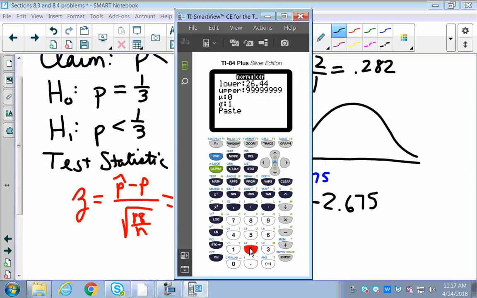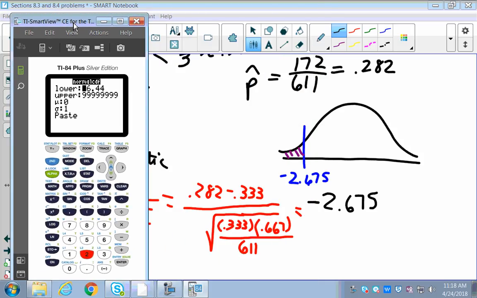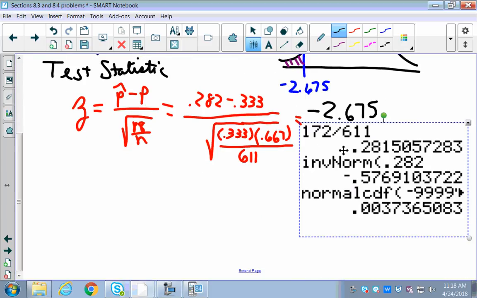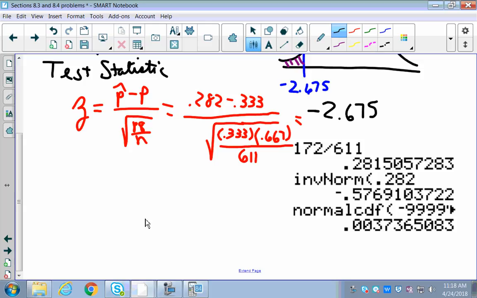I have to put my lower in. What's my lower on this one going to be? Look at the picture. I went from way out here, negative 99999, up to negative 2.675. My upper will be negative 2.675. And this becomes my P value. You know I'm going to ask you for everything, right?